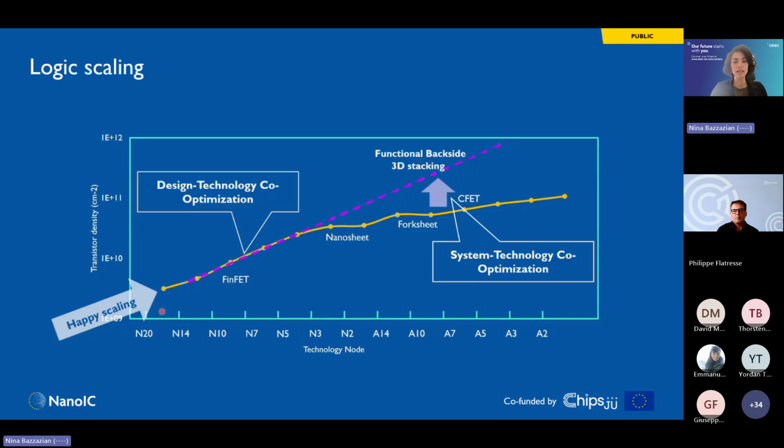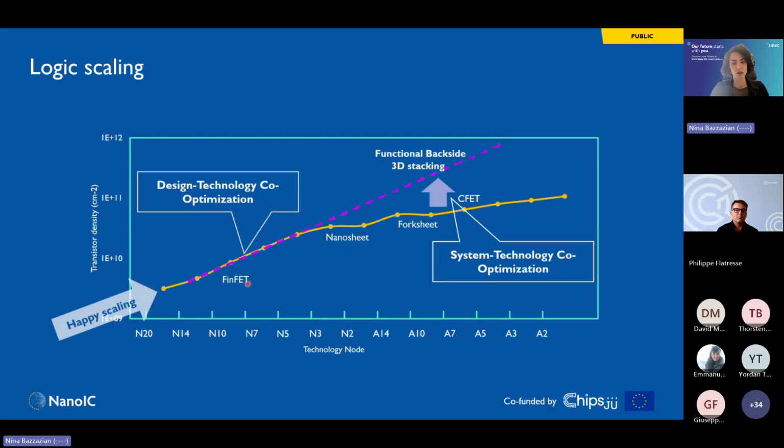One important question here is to ask why actually we are investing in such advanced technology developments. So for many years, the industry was able to steadily increase transistor density by continuously fitting more transistors onto a chip. And it was a kind of successful trend following Moore's law. That is what we call the happy scaling era.